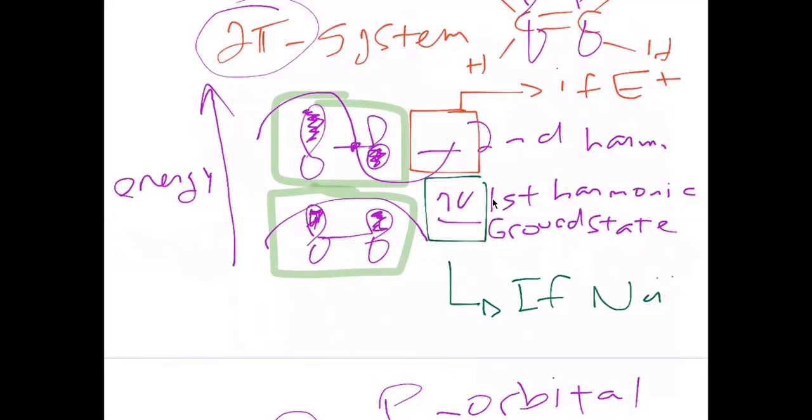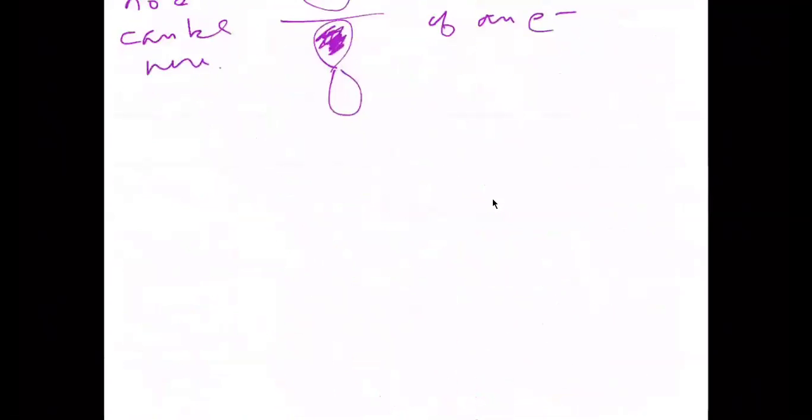All right, is that okay? Anybody got any questions about that? All right, let's look at the 4-pi system then. And then we're going to do the diagram for that as well.